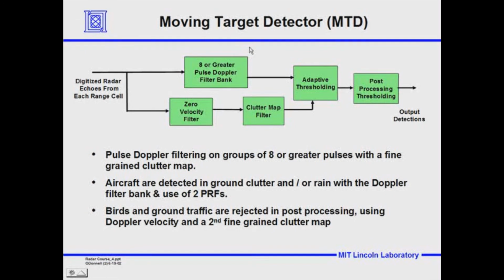This system was developed for use in the FAA's air traffic control radars. It's gained use in most pulse Doppler processing in most modern radars now, just about all of them. But we can easily talk in an open venue about this particular implementation. And I might add, it was developed here at Lincoln Laboratory in the mid-1970s.